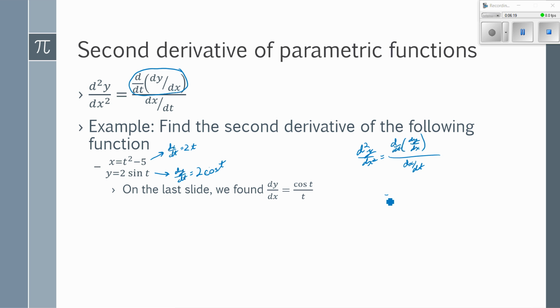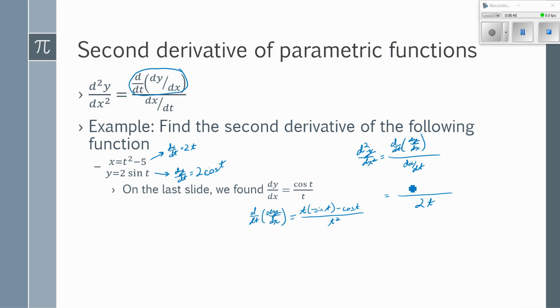Now, I am fortunate in that I already know dx dt. That's 2t. Well, for dy dx, I need to take its derivative with respect to t. I'm going to need quotient rule there, so I have bottom times the derivative of the top minus the top, and then derivative of the bottom is just 1, all over the bottom squared.